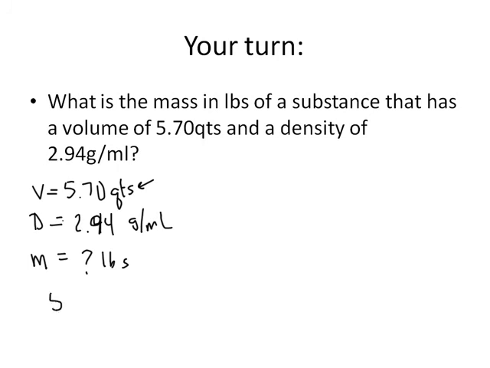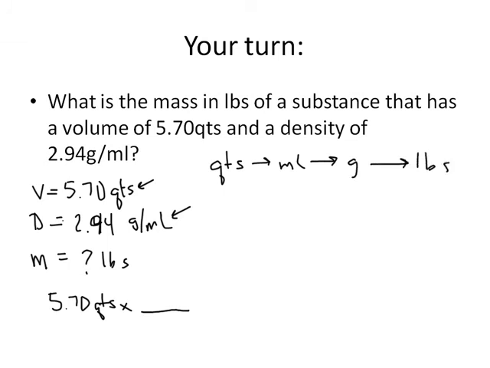So 5.70 quarts is a volume unit. I need to get out of volume into mass. But notice my volume unit in density is not quarts, it's milliliters. So my first objective here is going to be to take quarts to milliliters. Because once I do that, I can go from milliliters to grams using the density, and then from grams to pounds.